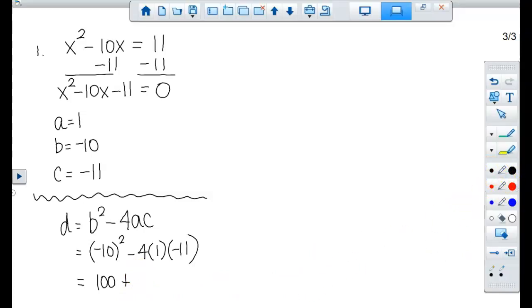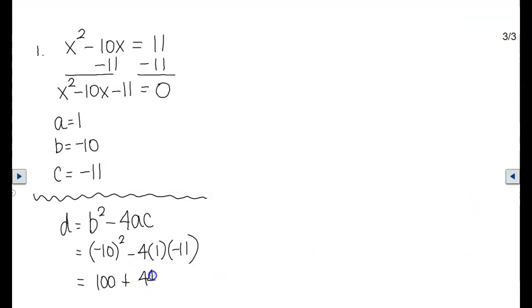I'm thinking ahead and trying to go ahead and add. So negative 4 times 1 times negative 11 should be a positive 44. And then, of course, when I add 100 plus 44, that's when I get 144. So there is my discriminant. Notice it is greater than 0, which means this problem should have 2 real solutions.